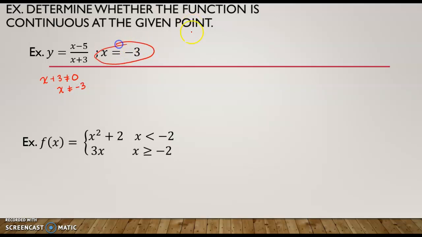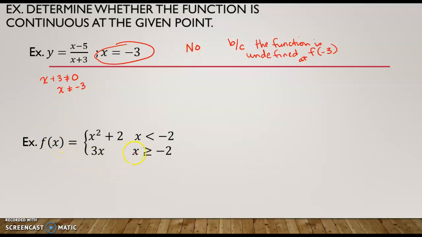So at that point right there, no, it is not continuous because the function is undefined at f of negative 3. So there's your justification. There's your yes or no answer. It's not continuous.